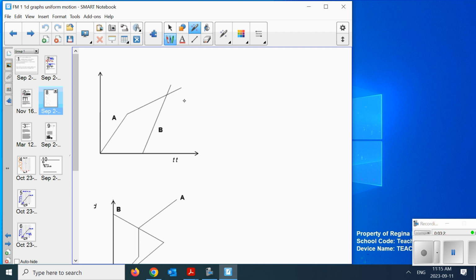Graph-wise, it's less steep, so what would you say as far as A's journey? Starts out going right, quicker, and then slows down after, I didn't give time in seconds, but we'll just say a few seconds. Slows down after a few seconds, but still continues to the right. Yeah. Okay.